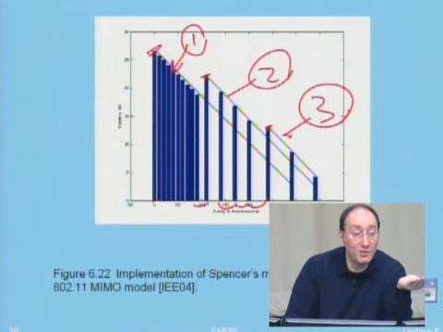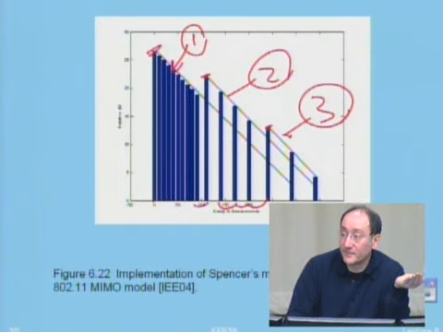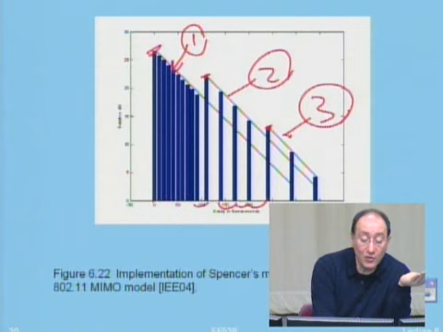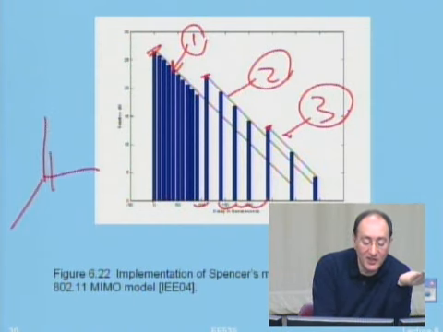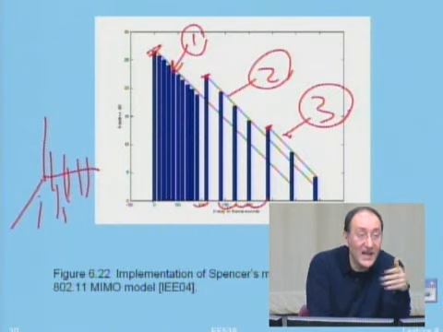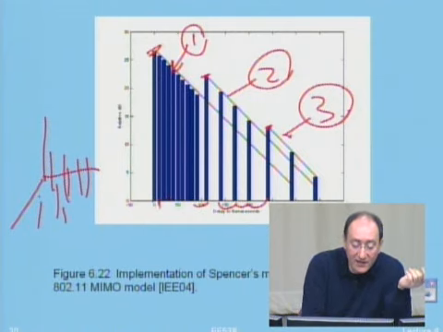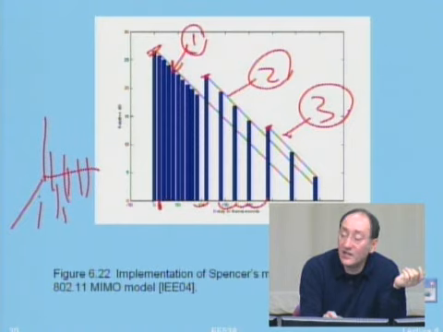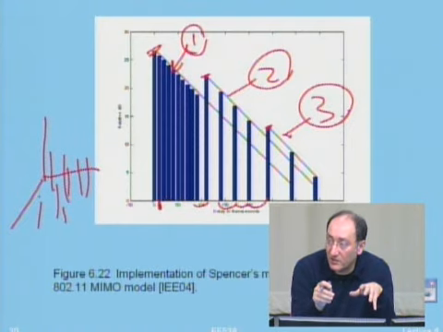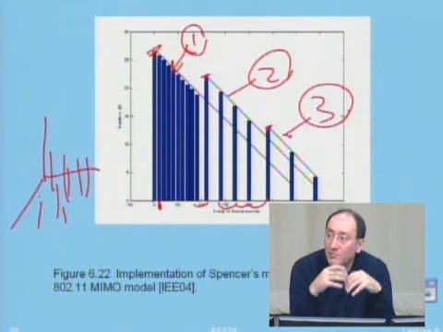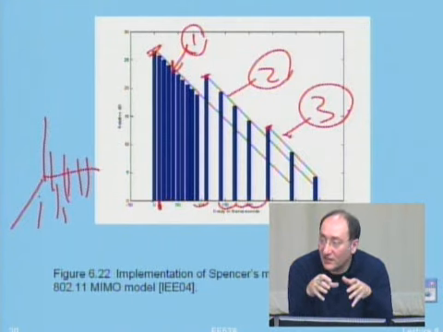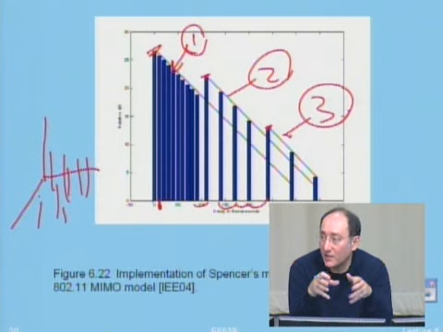This is the MIMO model. So now, when I look at these clusters, I have different angles. I can go three-dimensional now, because associated to each path I now have an angle of arrival as well as a delay of arrival. This is the delay of arrival. The angle of arrival they calculate from Spencer's model, which means that they have a mean within the cluster, and within the cluster they have a Laplacian distribution.